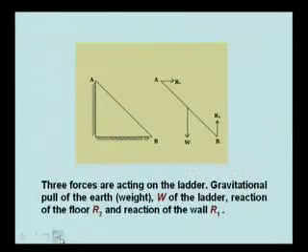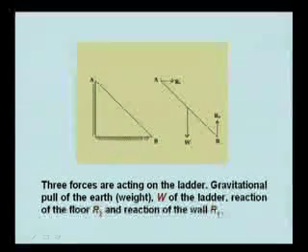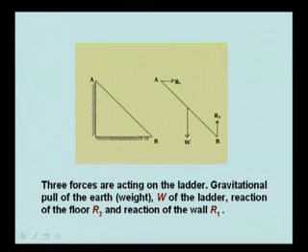For example, consider a ladder AB which is resting against a wall and against a floor. In this case it is assumed that they are smooth; there may be friction also, it does not matter. So, this ladder AB is shown here separated from the wall and floor, which have not been shown; we concentrate our attention only on the body AB and see what forces are acting on this ladder.